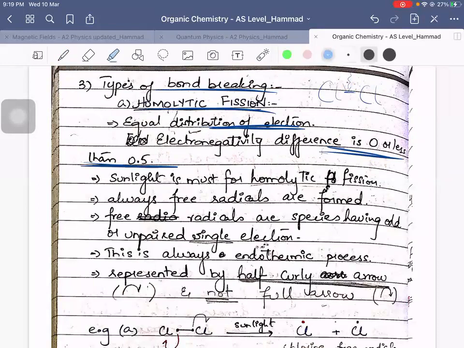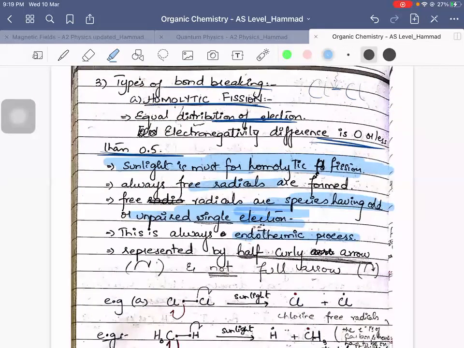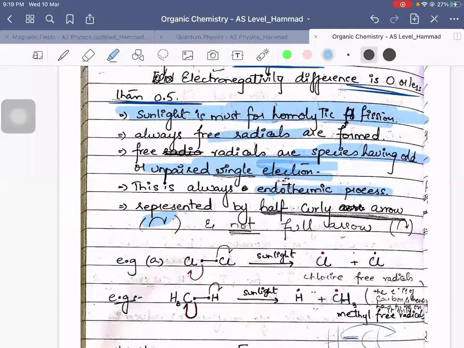You need to understand that sunlight is a must for homolytic fission. Always free radicals are formed. Free radicals are species that have an odd or an unpaired single electron. And since it's a bond breaking process, it is endothermic and it is represented by half curly arrows and not the full arrows.